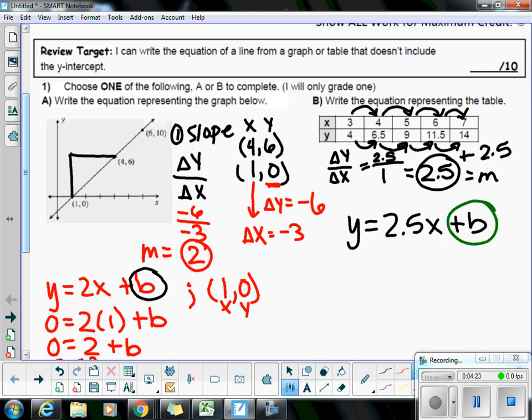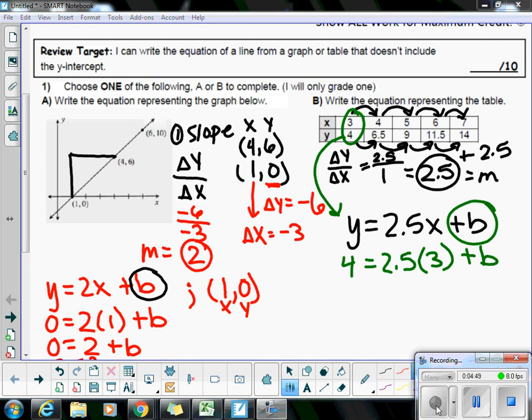Again, b is our unknown, so I'm going to choose any point from the table, and I'm going to plug in for x and y, and I'm going to solve for my b value. So now we're just going to solve for b.